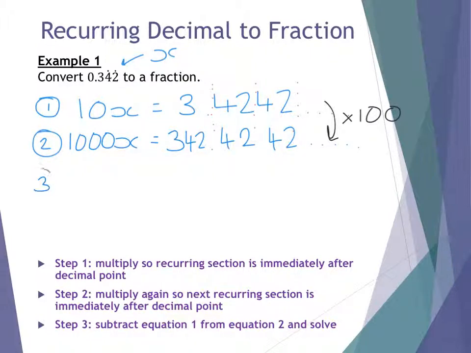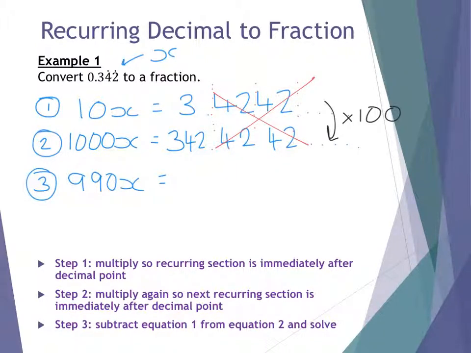Step 3 then, subtract equation 1 from equation 2 and then solve it. So 1000x minus 10x gives us 990x, and the beauty of doing it this way is that all of this recurring section on the right, if we subtract that, they're just going to cancel each other out.